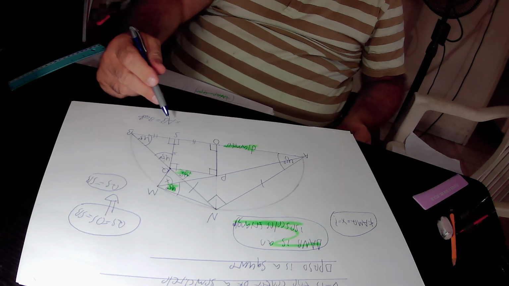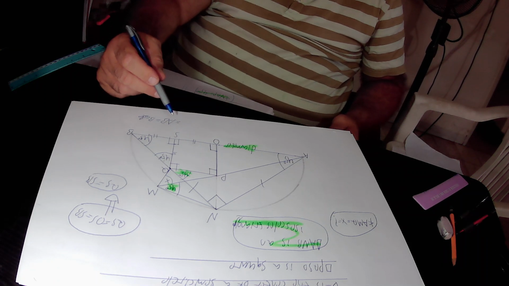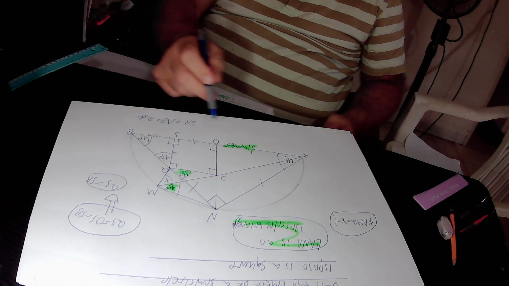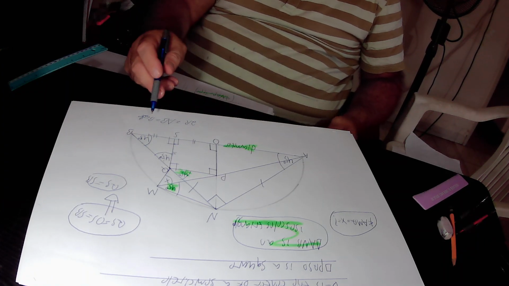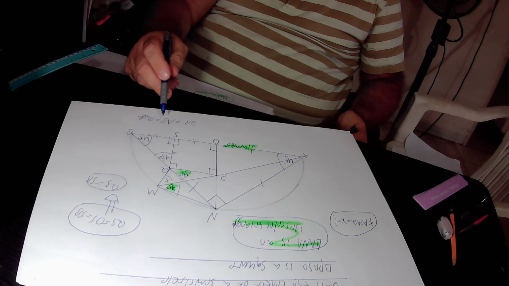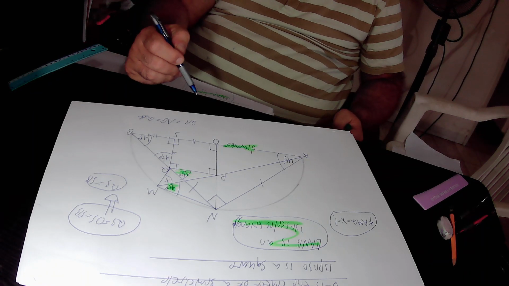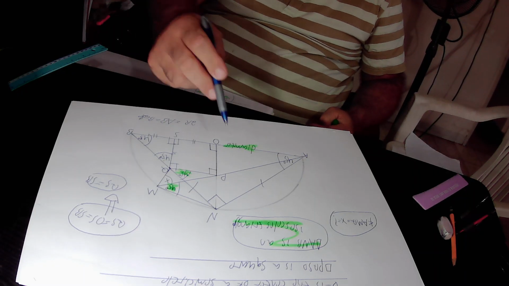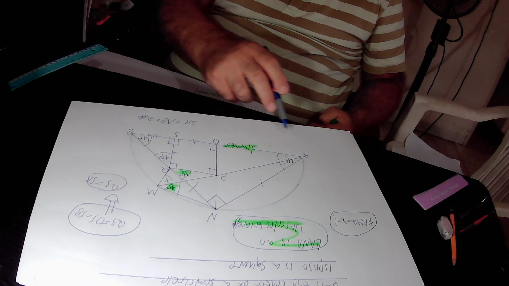If the radius of this semicircle equals r, then the diameter must be equal to 2r. So AB equals 2r. And according to rule 24, the perpendicular from point N bisects the base AB.